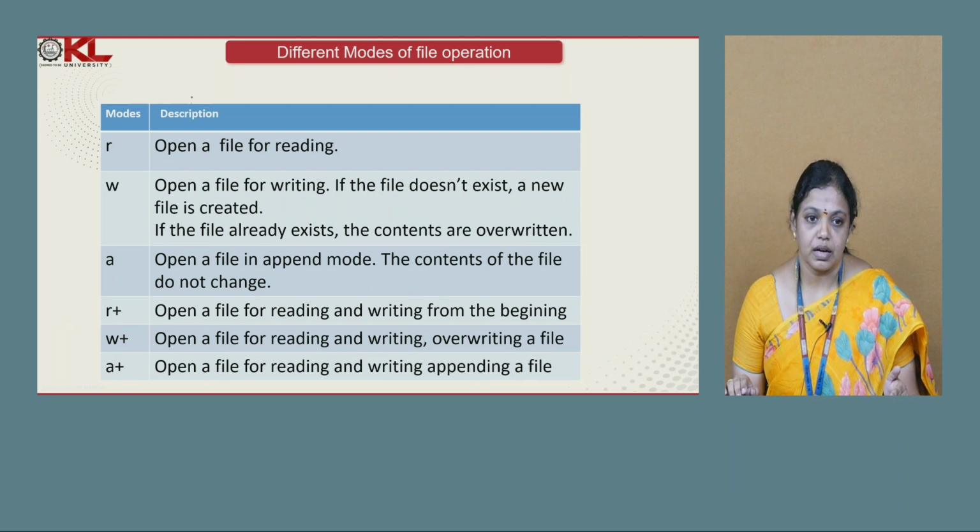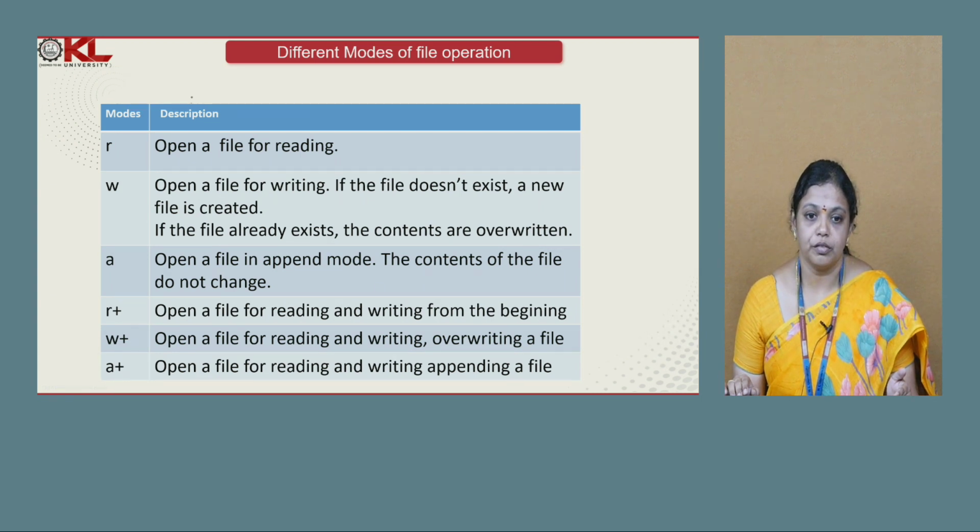The other modes are R+, W+, and A+. As it can be seen on the slide, R+ stands for opening a file for reading and writing from the beginning. W+ is for opening a file for reading and writing, overwriting a file. I already mentioned that overwriting is redefining the contents of the file, so the older contents of the file might be lost.